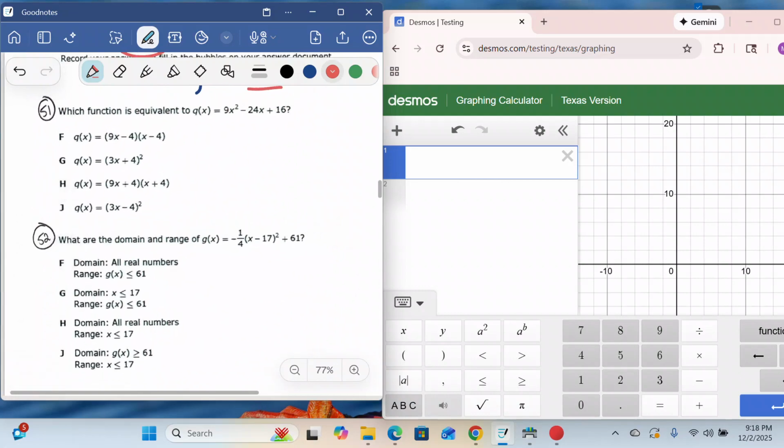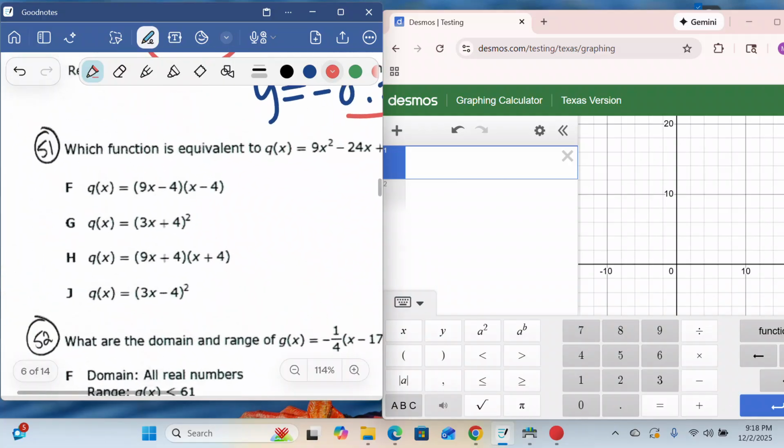Let me go ahead and shrink it down because we're going to do both of them together. And g of x is equal to negative 1/4, open parentheses, x minus 17 squared plus 61. And of course, I can figure out my domain and I can figure out my range. But you can try those, pause the video, try them both, and then after that, reactivate the video and see if you got the right answers.